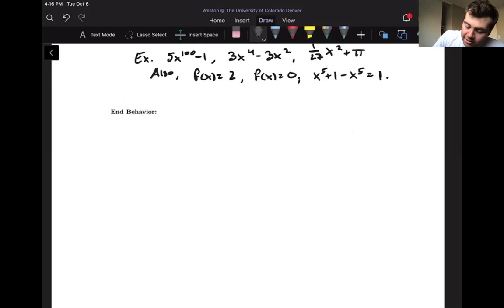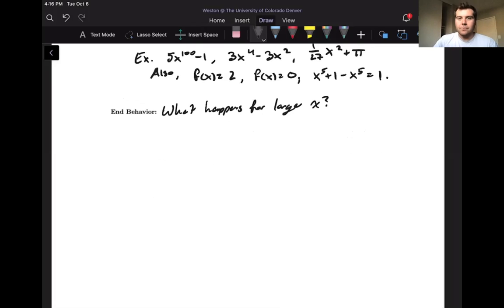So end behavior is essentially just asking what happens when we plug in large values of x. And with polynomials, it actually has a nice answer.